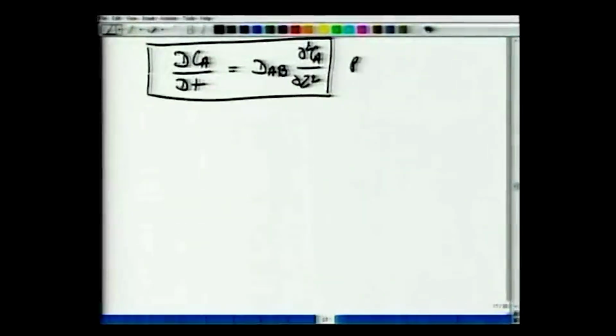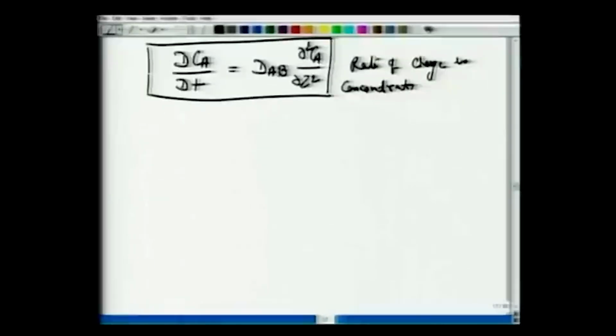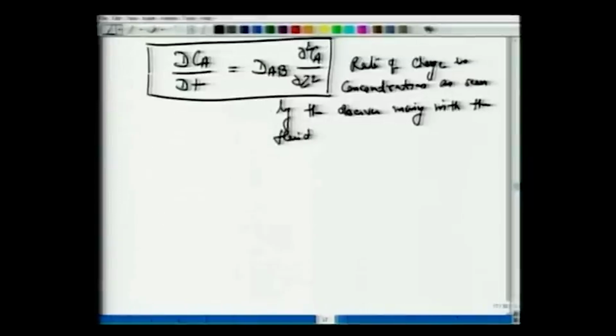This is the rate of change in concentration as seen by the observer moving with the average fluid velocity.